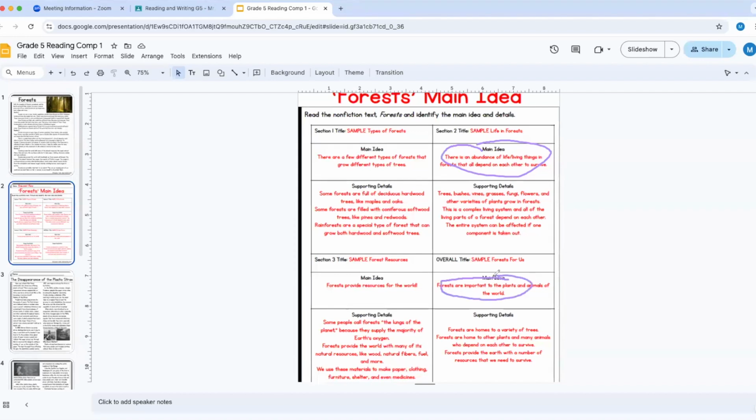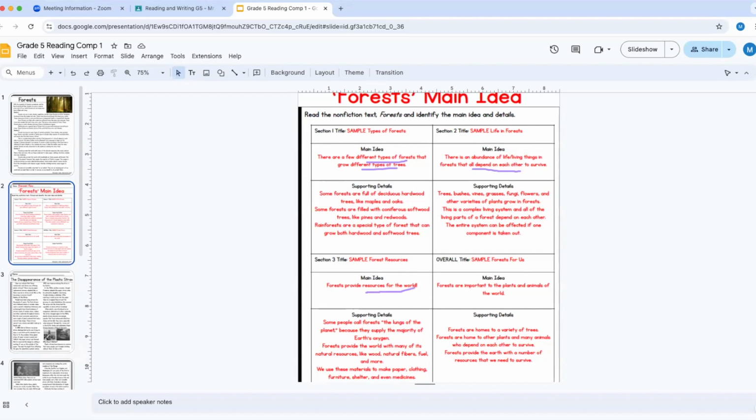Yours is very similar. I'd really like you to make sure that you incorporate ideas from all the main ideas. For example, I'll give you a little hint. Some of the important part of the first paragraph was different types of forests and different trees. And the second main idea, I think that depending on each other was important. And in the third one, I think resources was important.